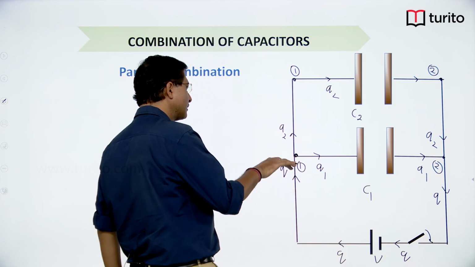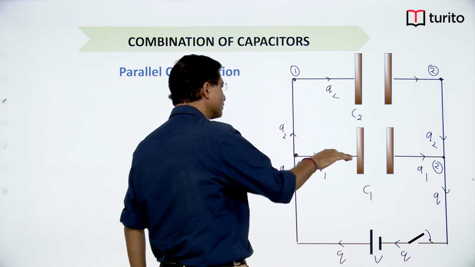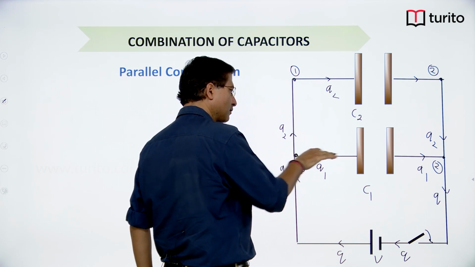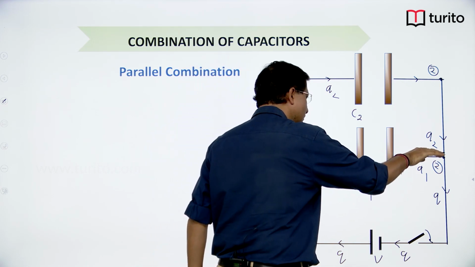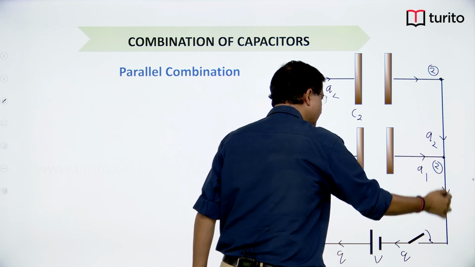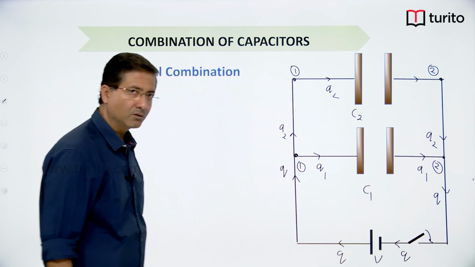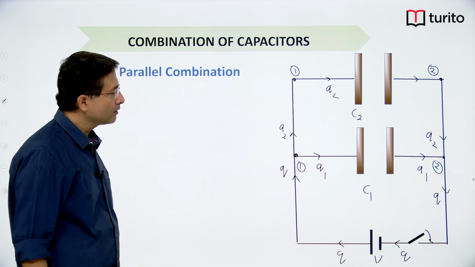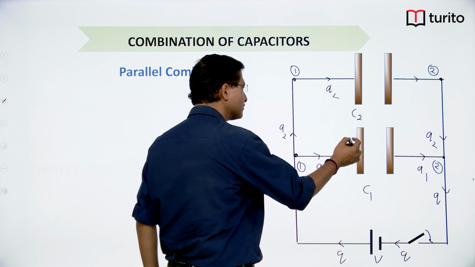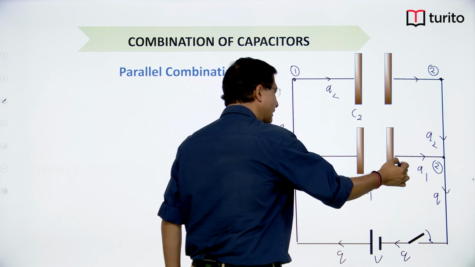So whatever flows into this one through this branch, the same thing must come through this branch, and they will get combined, and then Q flows back to the battery.